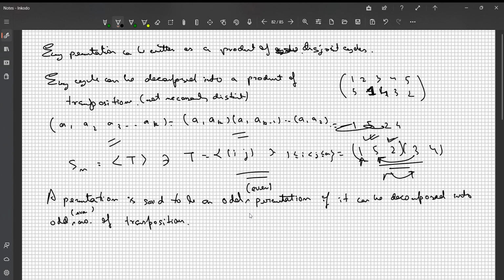Right? And similarly, the definition of an even permutation is one that can be decomposed into an even number of transpositions. That is it. Clear?